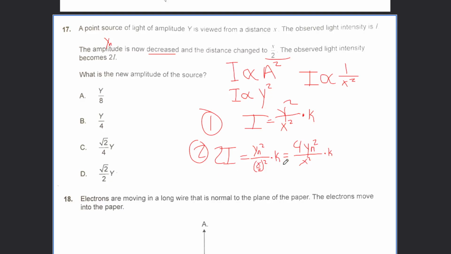If we divide each side by 2, we have I is equal to, now it's 2, since I had divided each side by 2, so it should be 2y sub n squared divided by x squared times k. And I is also equal to this right here. So this is equal to y squared over x squared times k.